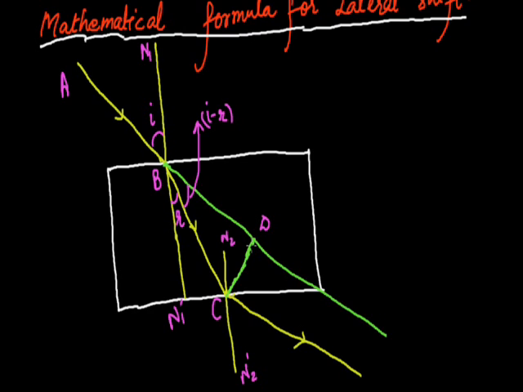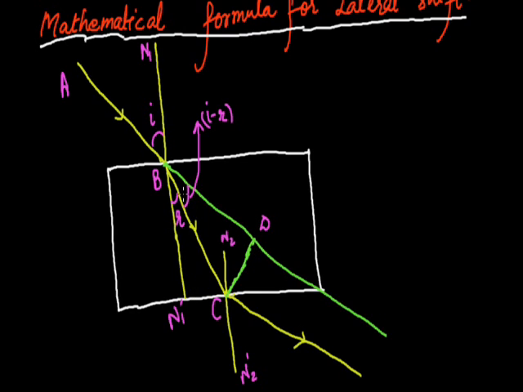Now we will deal with two triangles, and both are right angle triangles. One is BDC and one is BCN1 dash. Let's deal with the first triangle, B, D and C. You can see here that this angle of incidence is sharing a vertically opposite angle with this angle N1 dash BD.